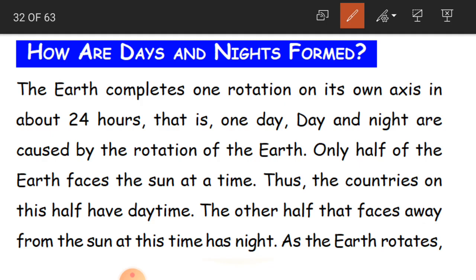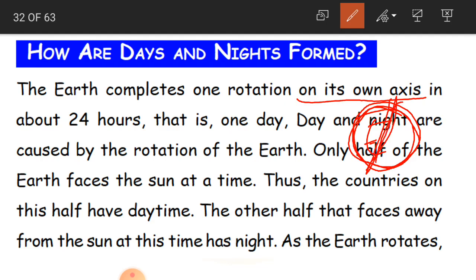Okay, children, so we have learned that earth is going to rotate around itself. Now, if the planet earth is going to take the rotation around itself on its own axis, now, axis is an imaginary line which is in a tilted position.